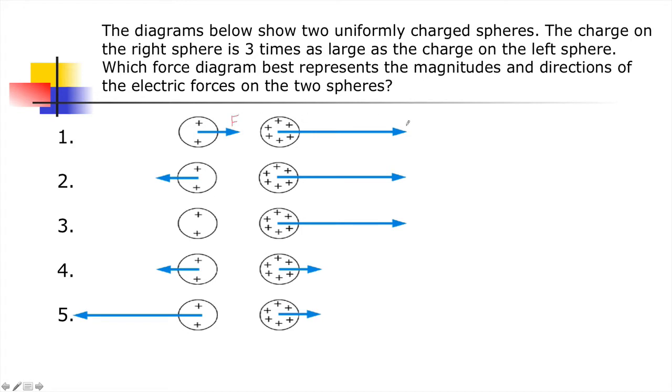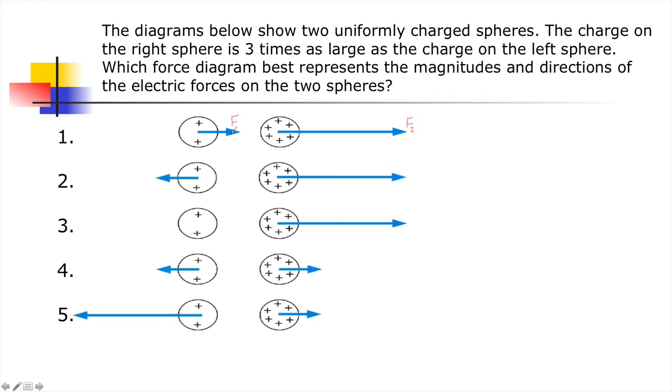The arrows represent the forces, you may call this force 1 and this force 2, and the size of the arrow represents how big the force is. The longer arrow means a larger force and the smaller arrow means a smaller force. So if you bring those two charged particles close to each other, which diagram do you think is a good representation of what is happening to the two objects?